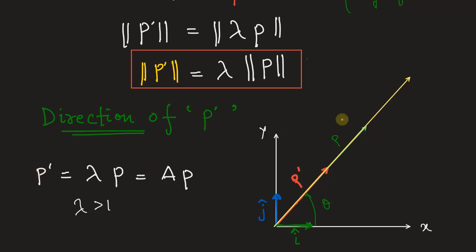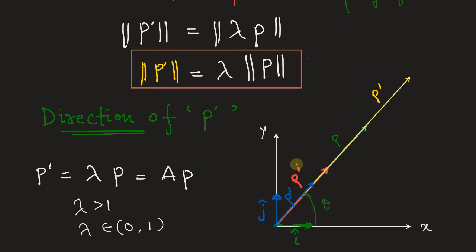In this case, P prime vector will get stretched because lambda is greater than 1. Suppose lambda belongs to 0 to 1, in this case P prime will get squeezed because lambda is lesser than 1. And of course if lambda is equal to 1, the value of P prime will be the original value. But one thing to notice here is, even though the vector gets squeezed or stretched, the angle will never change. It will always remain theta.